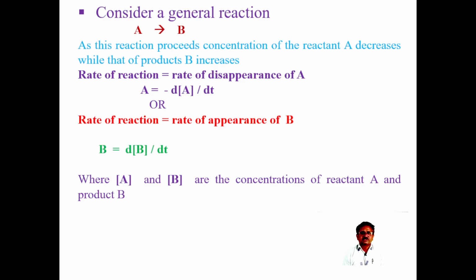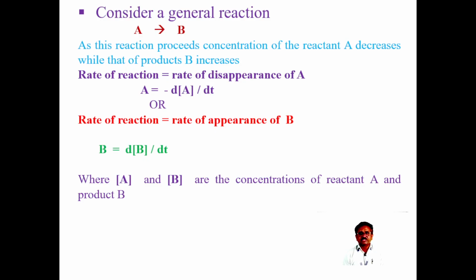Let us consider a general reaction to understand this rate of reaction. A gives B, meaning here A is reactant and B is product. Reactants may be more than one or products may also be more than one, but for example we are taking A gives B, reactant gives product.